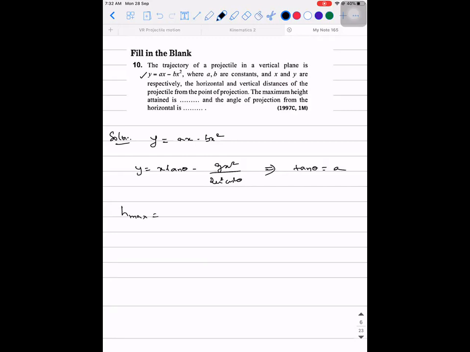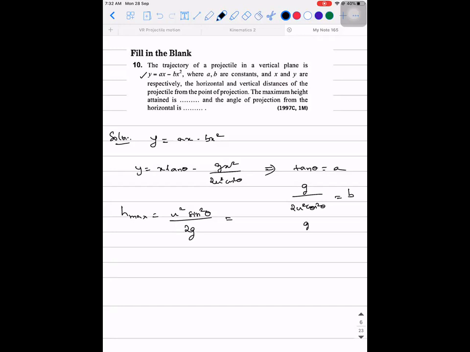So what is the formula for H max? u square sin square theta by 2g. So u is how much? g divided by 2 u square cos square theta is equal to b.